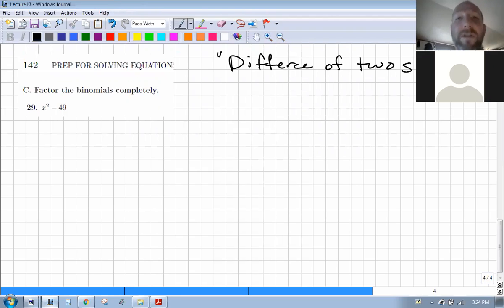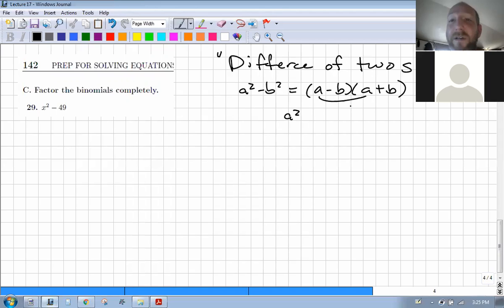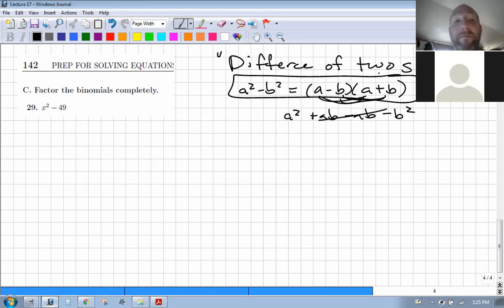You have an a squared minus b squared. This is a minus b times an a plus b. You can tell because if you multiply those, you get a squared plus ab minus ab minus b squared, and those cancel out. So we're going to use this a whole lot.